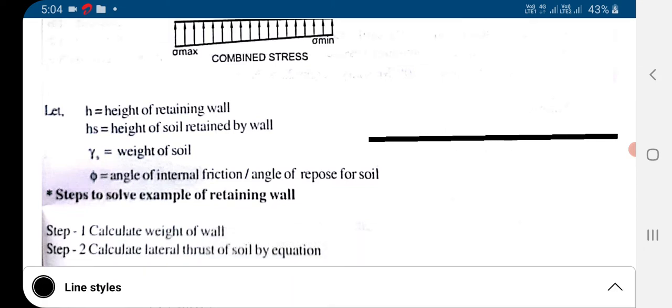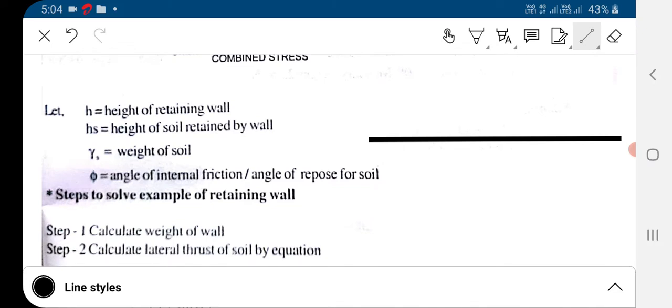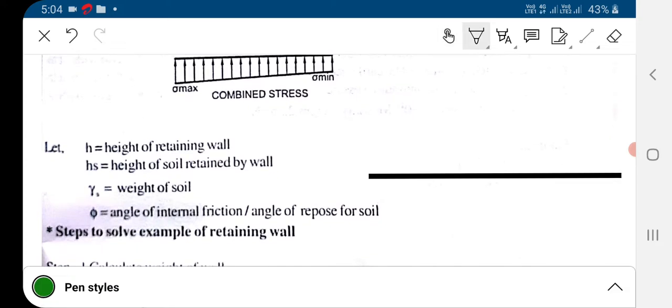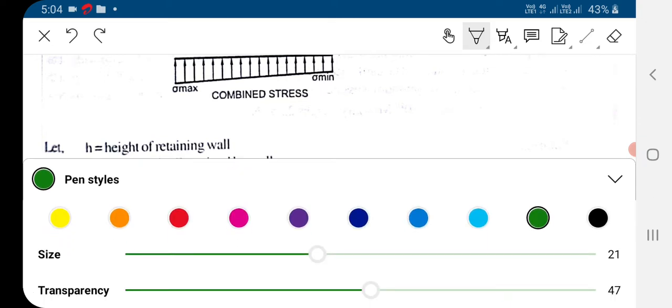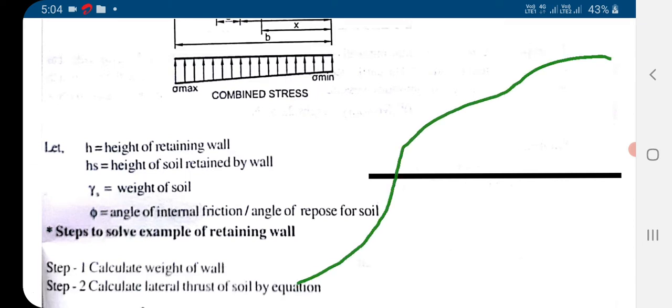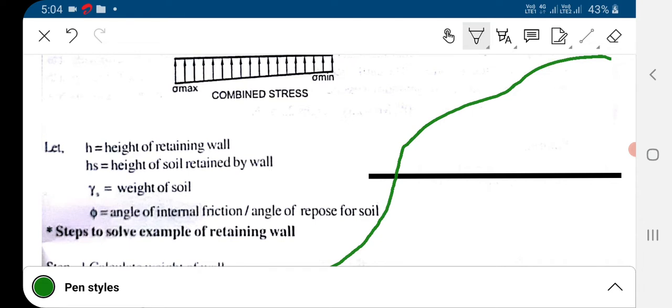So consider there is a hilly area like this.